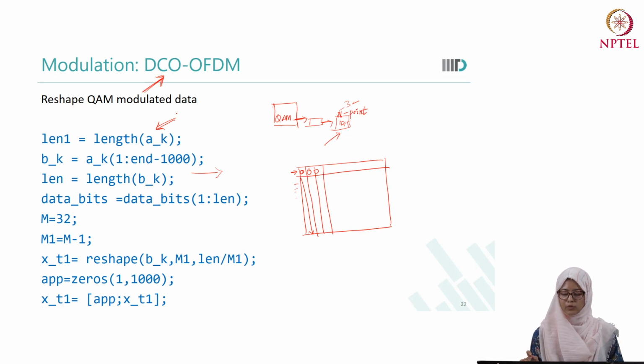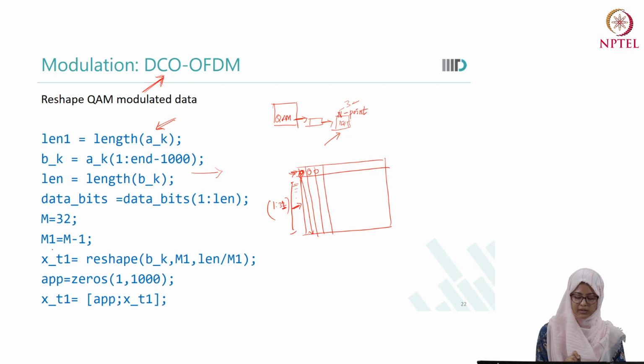However, we want to reshape it so that we have 32 data, precisely 31 data, because we are appending it with an initial 0, so as to make that data array suitable for Hermitian symmetry.